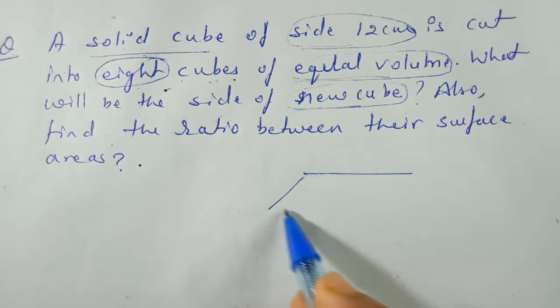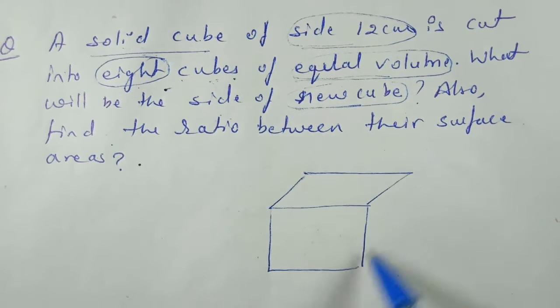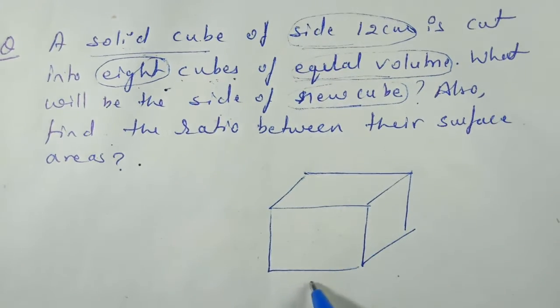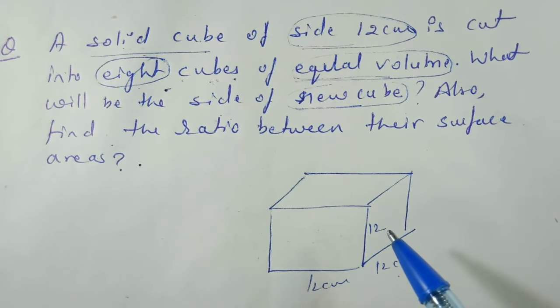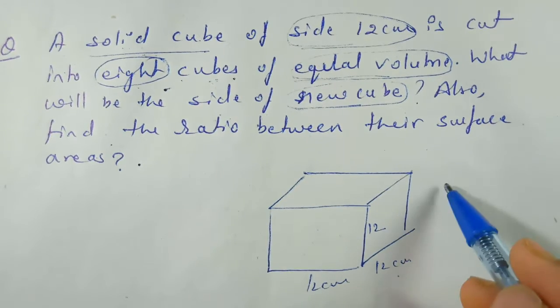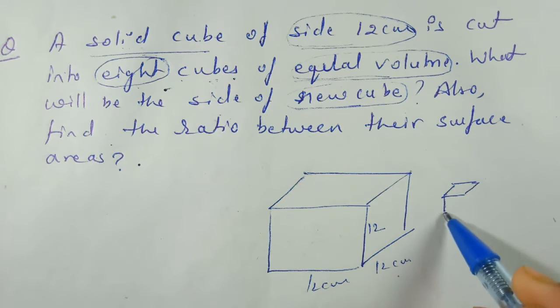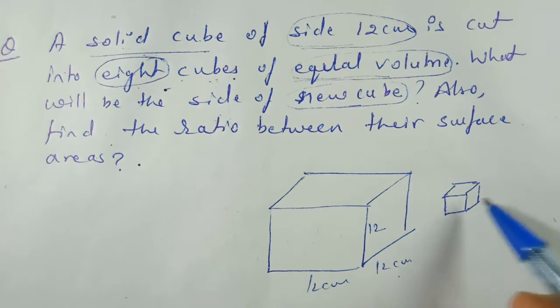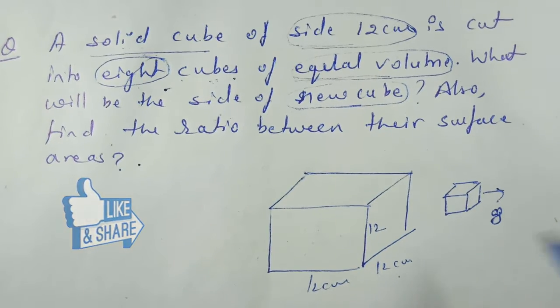There is a big solid cube. Its each side is 12 centimeter, 12 centimeter, 12 centimeter. It is cut into 8 cubes. So I am drawing one cube. Such type of cube, how many cubes are there? 8.